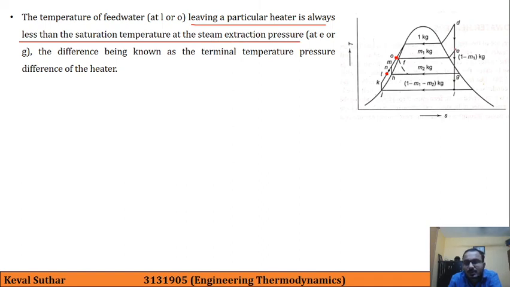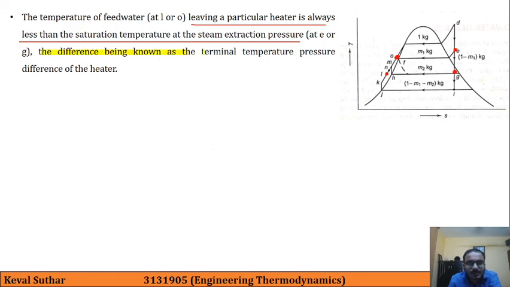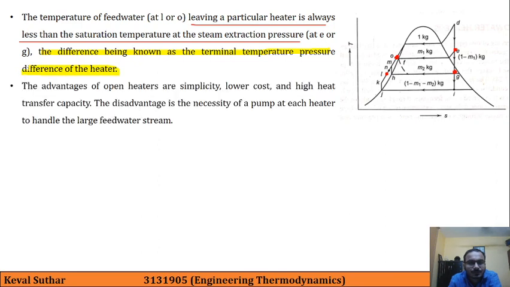So you can see this is E and this is G. What they are trying to say is that the temperature at E will be more than O and the temperature at G will be more than L. The difference of this temperature is known as the terminal temperature difference of the heater.